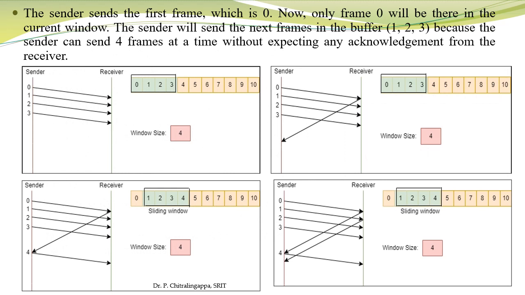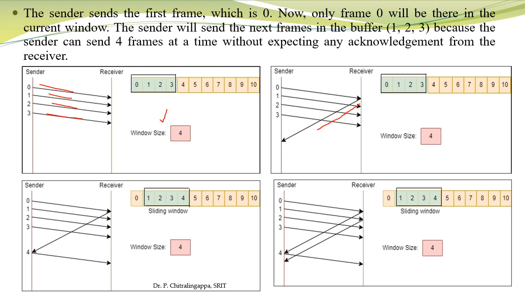Without any acknowledgement, I am sending the first frame, second frame, third frame, and fourth frame, because the sender window size is 4. So without expecting any acknowledgement, I send the 4 frames. Then I get one acknowledgement for frame 0.